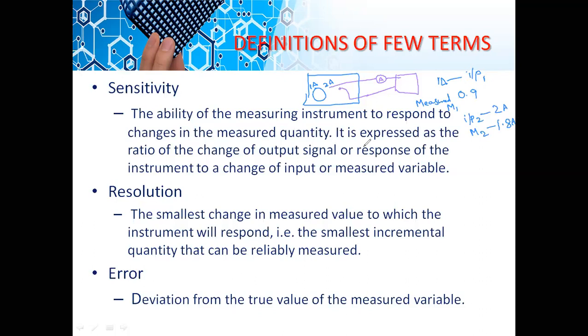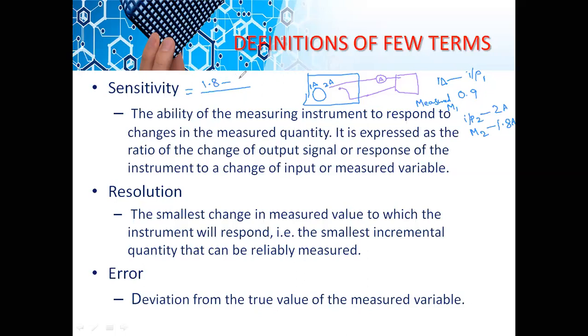Now the sensitivity is nothing but the ratio of change of output to change of input. The output is measured by the measuring instrument and the input is given by the current source here. So sensitivity for this case is going to be change of output, M2 minus M1.